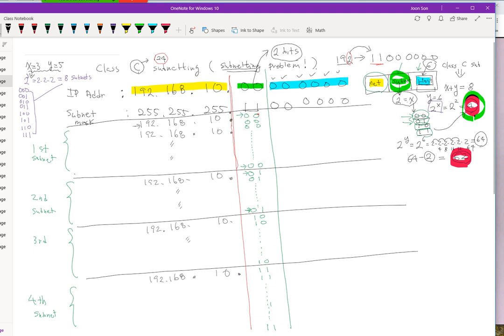And then the very first one is what? The very first one is 0, 0, 0, 0, 0, 0, right? So that's the very first one. And then I need a volunteer. Anyone?